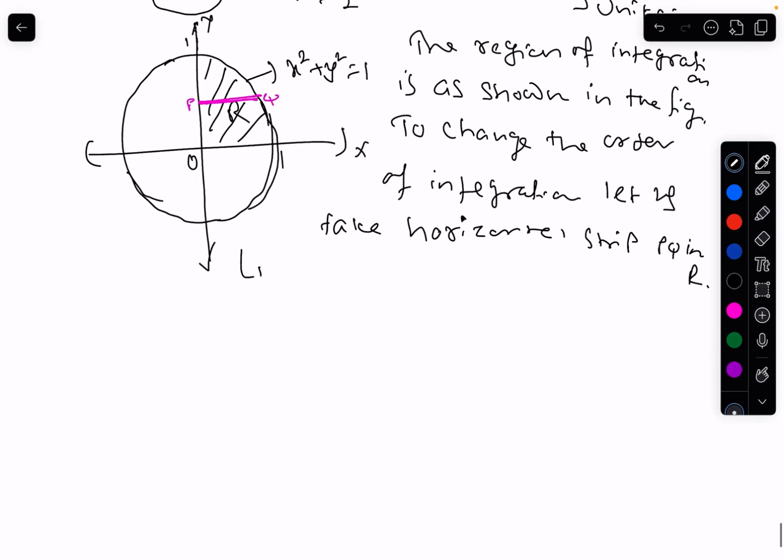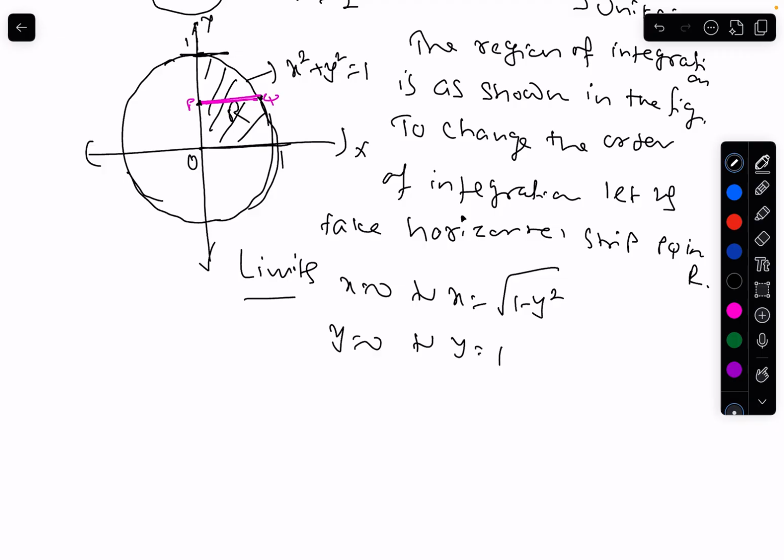And now we find the limit. So here x is 0, to here it is on the circle. So x is radical sign 1 minus y square. And that strip moves from here to here. That means y equal to 0 to y equal to 1.